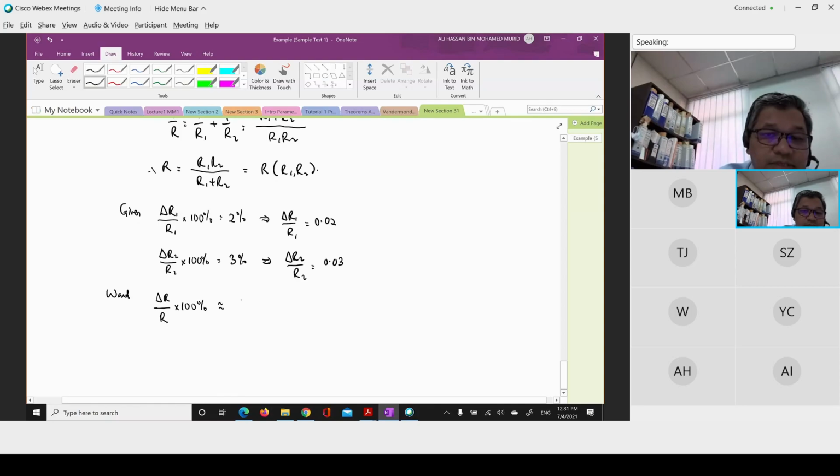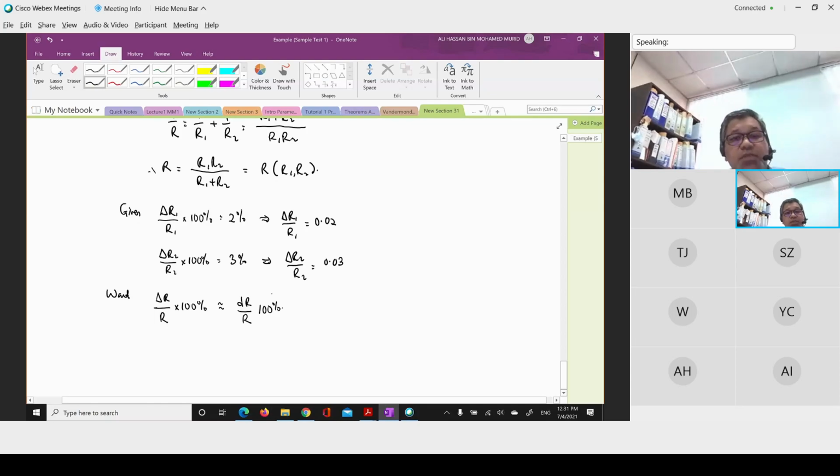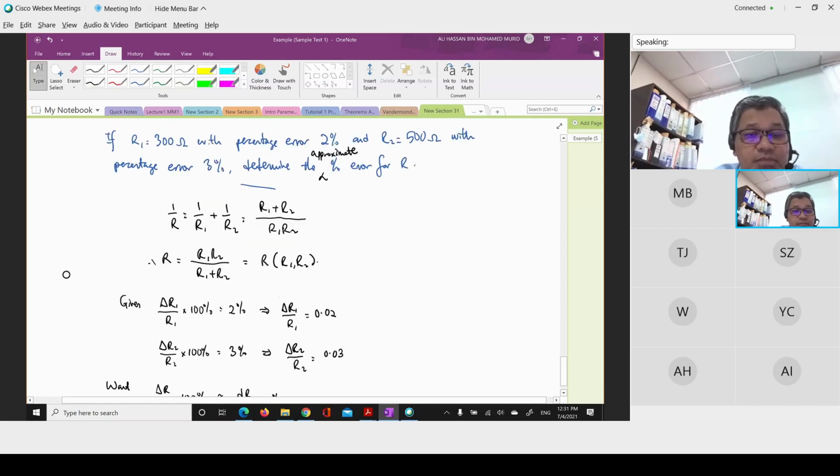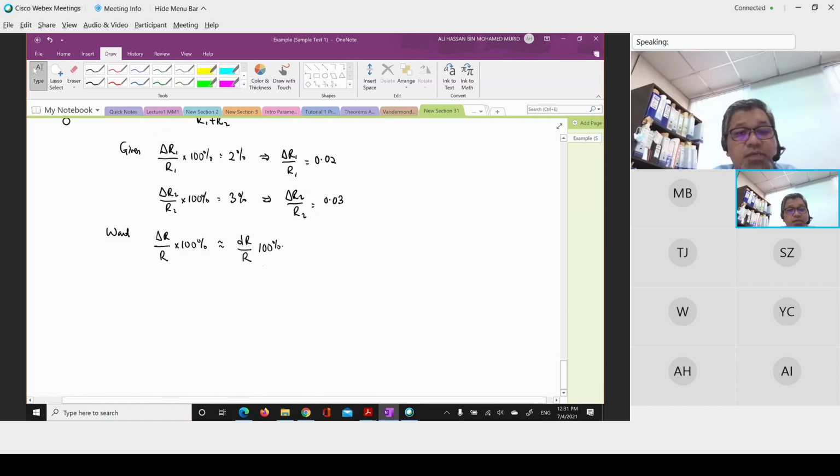We want to determine the approximate percentage error for R. Yeah, we want to approximate the percentage error for R. So this is what we want.